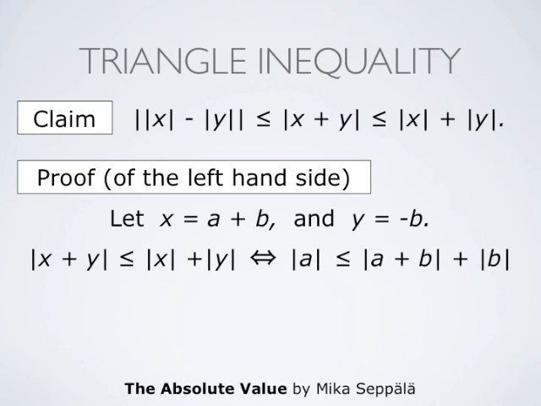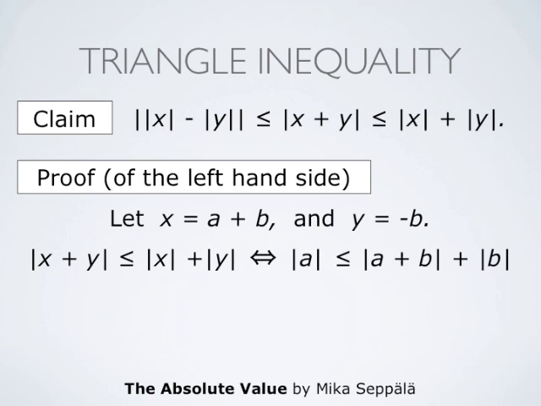Then, since we know that the absolute value of x plus y is at most the absolute value of x plus the absolute value of y, we plug in place of x a plus b and in place of y negative of b. Then x plus y is a plus b minus b, that is simply a. So the absolute value of x plus y becomes the absolute value of a after this substitution.